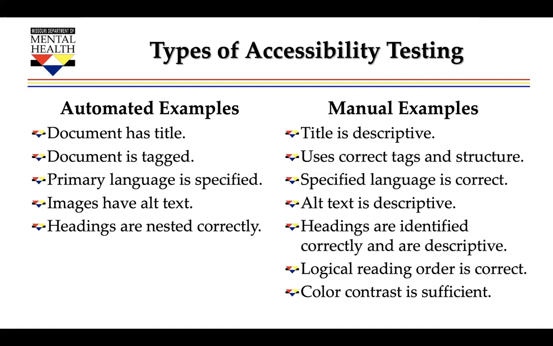Is the specified language correct? It's easy enough for a document to be developed in English, translated into Spanish, but then that document language still be set to English. And now the Spanish user is going to have their screen reader pronouncing the words incorrectly because the screen reader thinks the text is English. Is alt text descriptive? Is it providing a true functional equivalent for that assistive tech user as what the sighted user gets out of that image or figure?